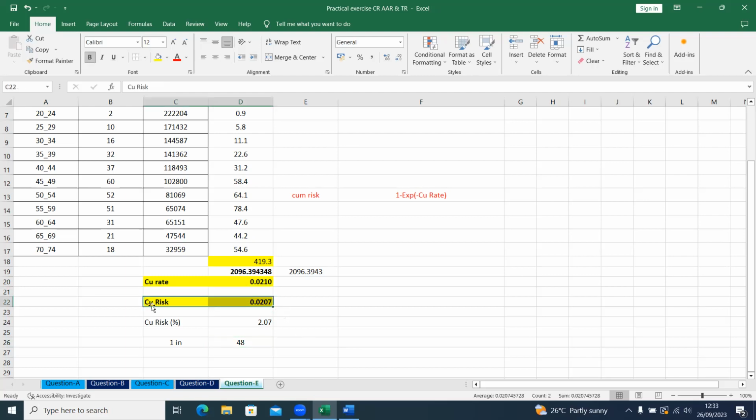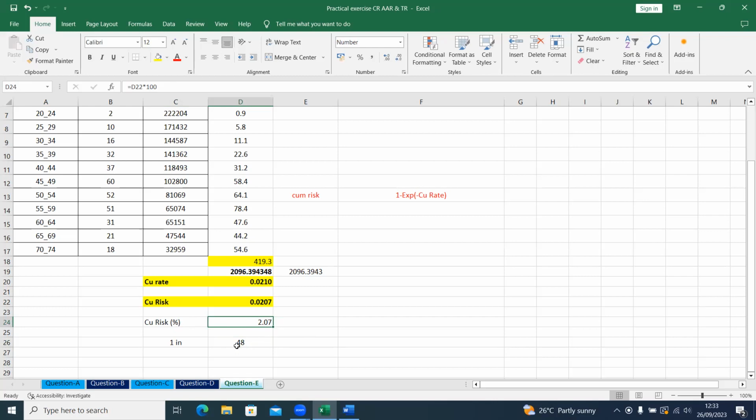We have calculated the cumulative risk. That risk we will convert into percentage. To convert the risk into percentage, we just multiply by 100. Risk into 100, the answer is 2.07.